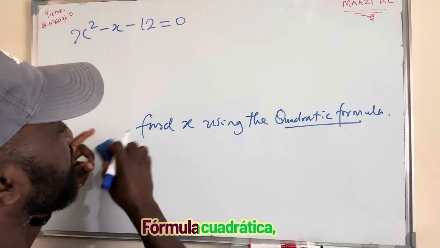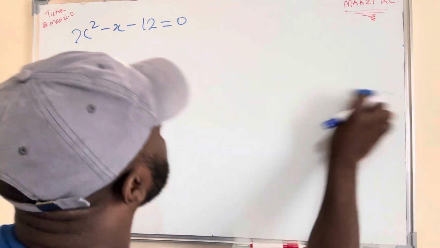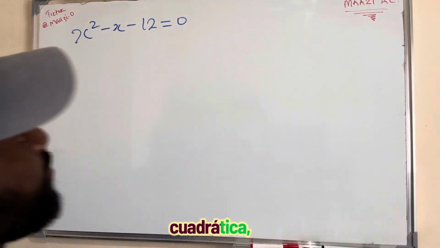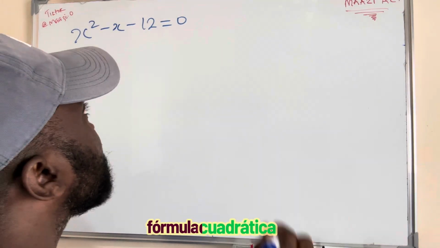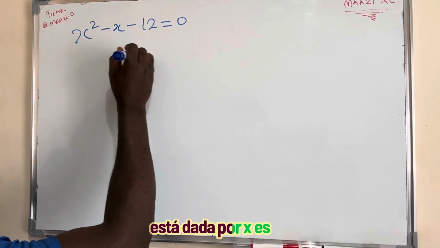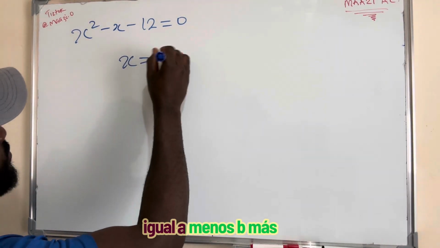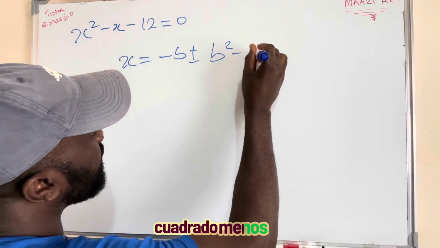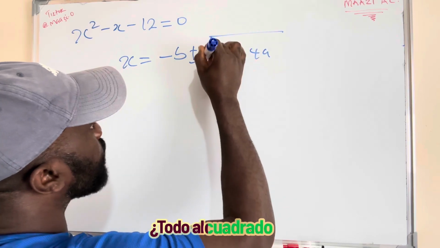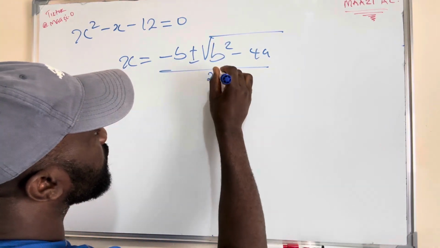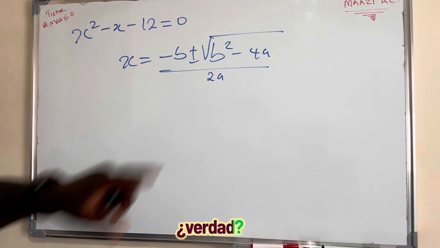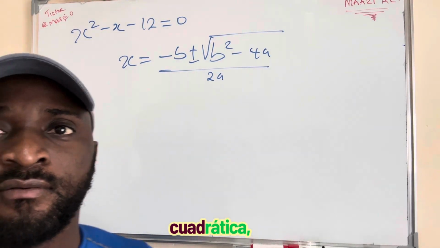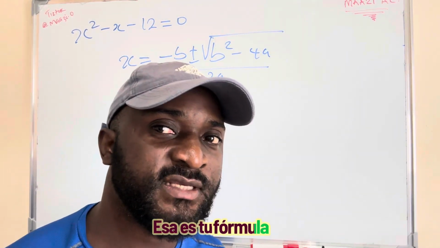By the quadratic formula, x is equal to minus b plus or minus the square root of b squared minus 4ac, all over 2a. That is your quadratic formula.